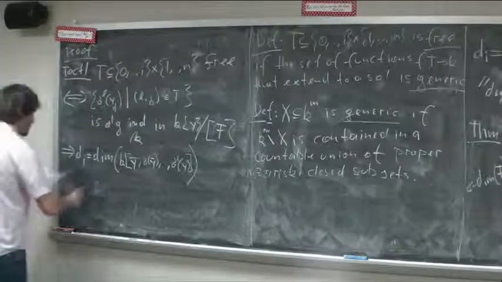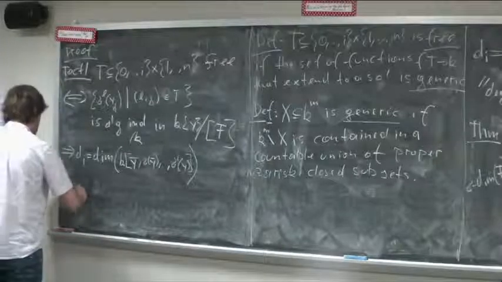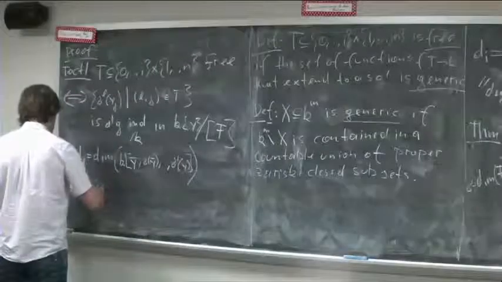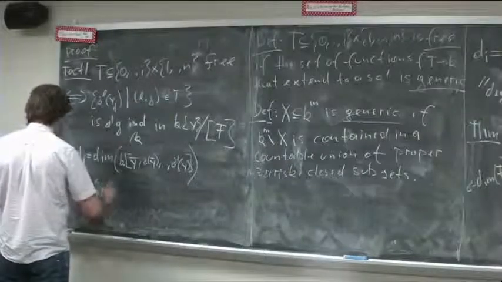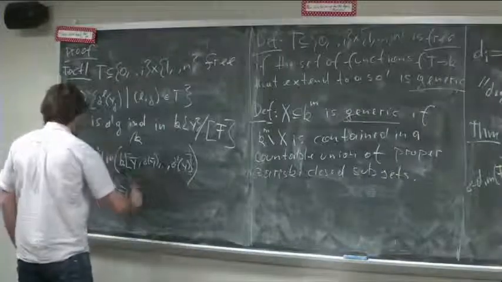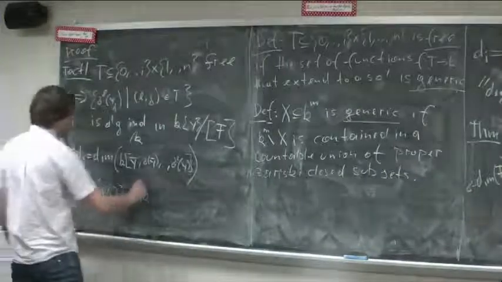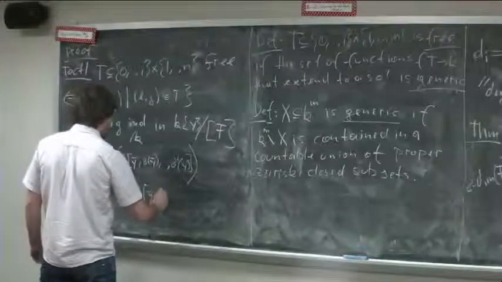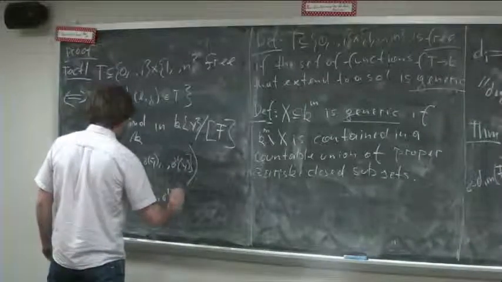So in other words, you can also describe this d_i, the degrees of freedom up to order i, as the dimension of the variety defined by f. So the difference ideal generated by f intersects just with difference polynomials up to order i.